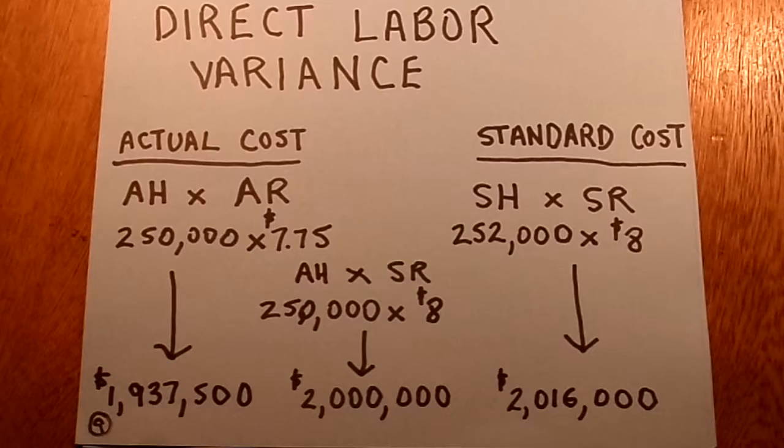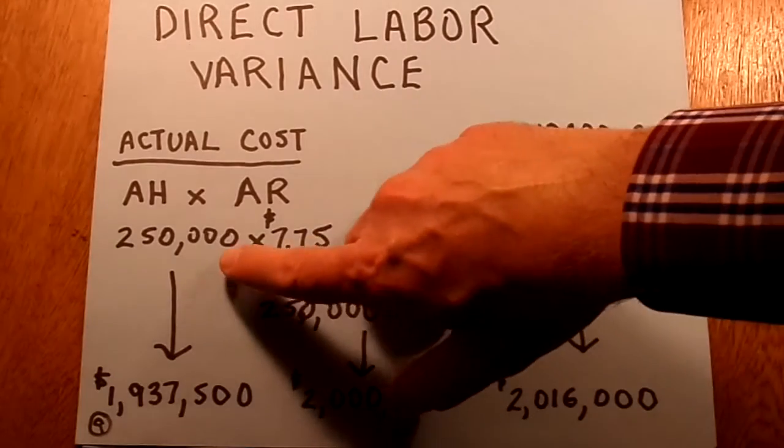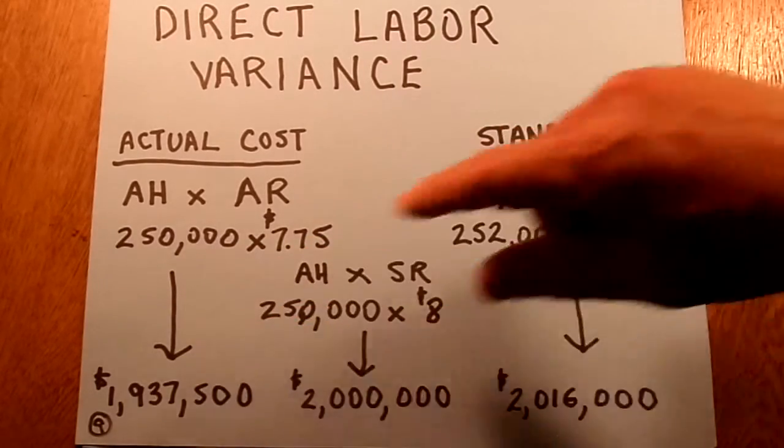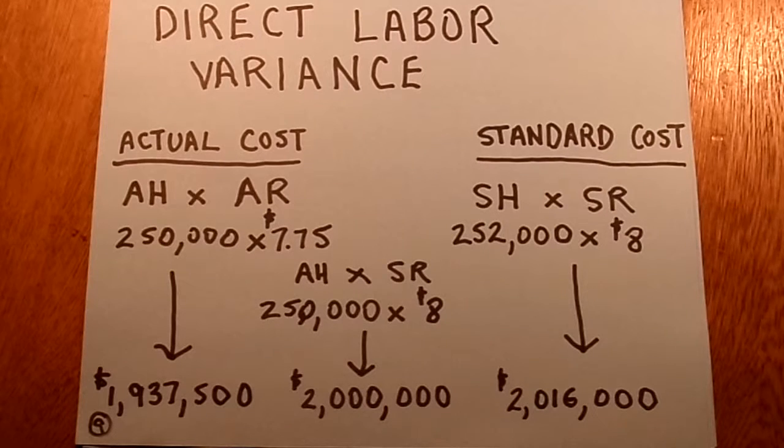So the first, actual hours times actual rate, we come down on the left arrow and reach a total of 1,937,500. The middle column, actual hours times standard rate, we come down and look at a budgeted cost of $2 million.